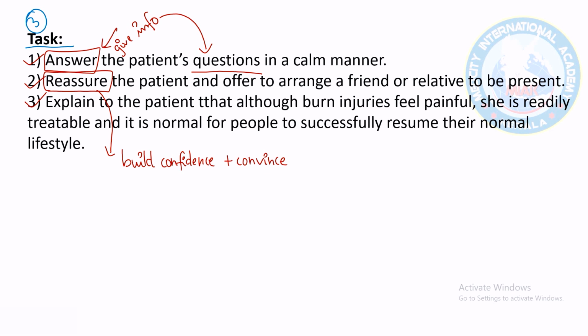And in the same task, it also says offer to arrange. What do you mean by offer? This means you will have to suggest, or it also means you have to extend help. And the third task asks you to explain to the patient. So again, this means you have to be giving information.